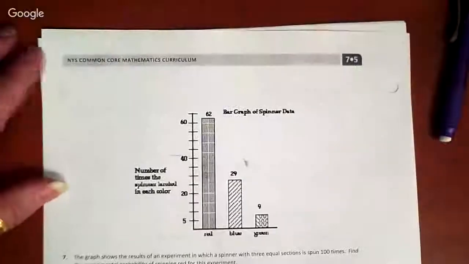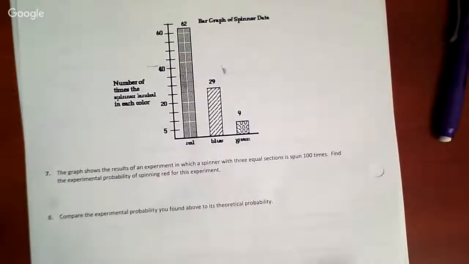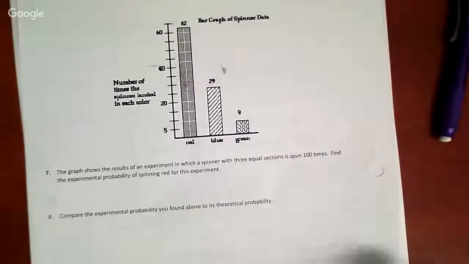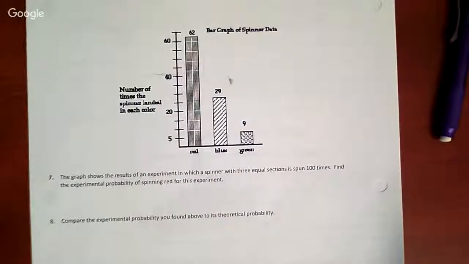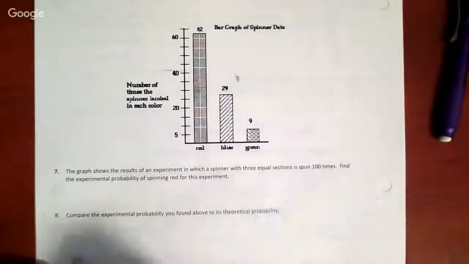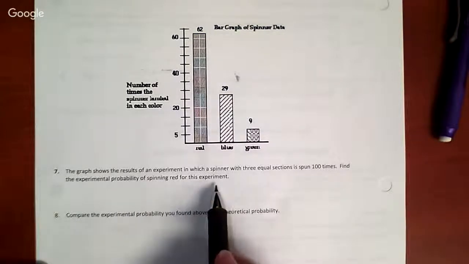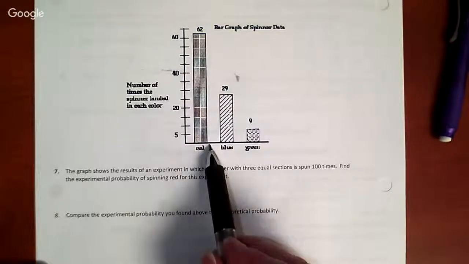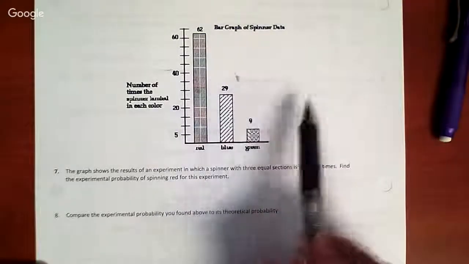So now we've got the graph that shows the results of an experiment in which a spinner with 3 equal sections is spun 100 times. Find the experimental probability of spinning red for this experiment. Well, here is red, and we see that we have 62, 29, and 9.